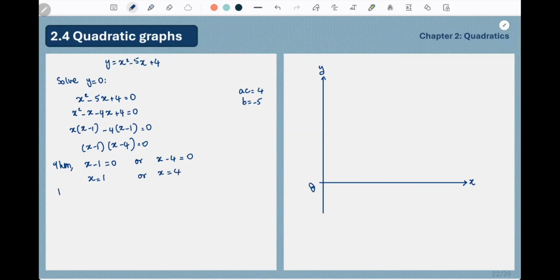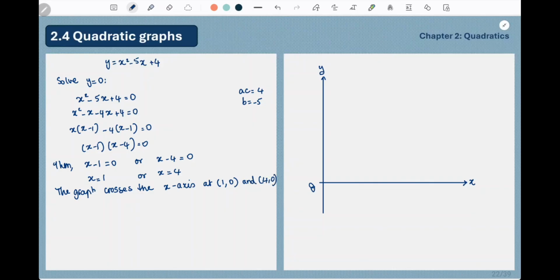So the graph crosses the y-axis, actually the x-axis, at 2 points. We solved for y equals 0, so at (1, 0) and (4, 0).